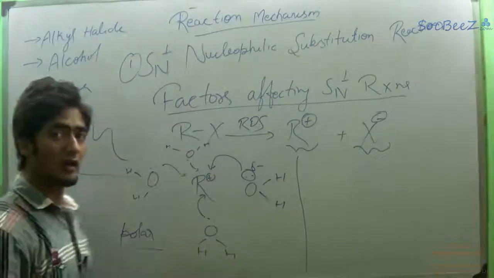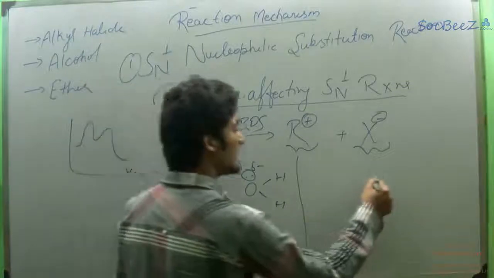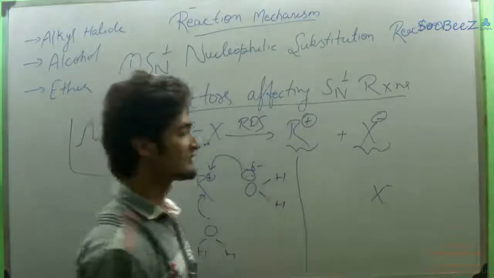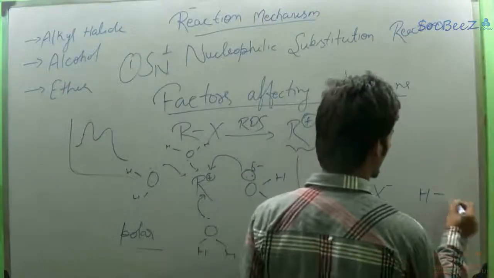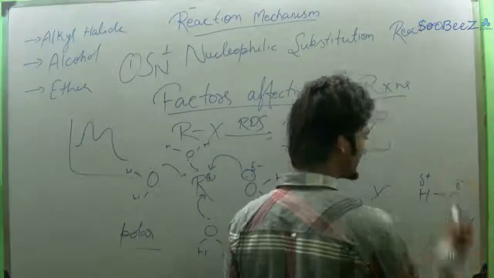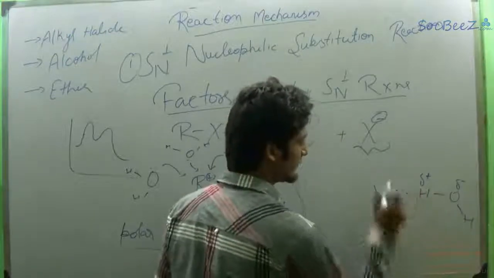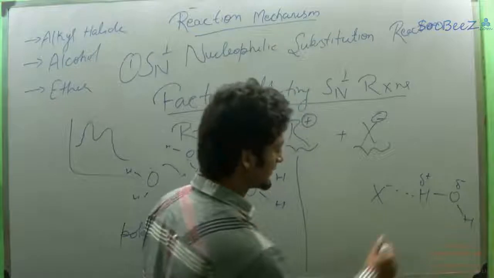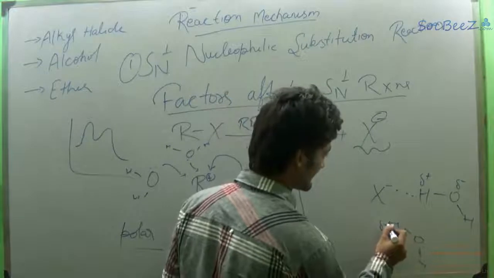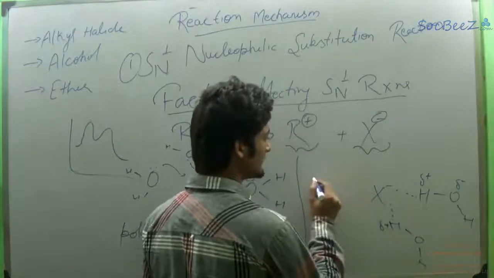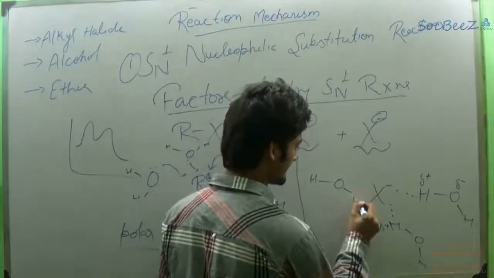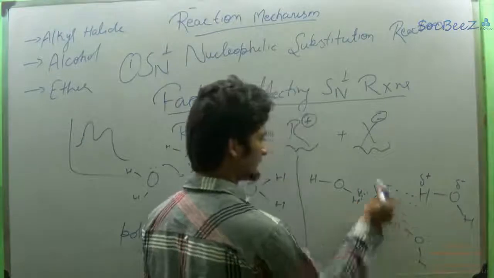Now let us see how this protic thing helps us. Let's say this is our negatively charged halide ion. This will be stabilized by the protic solvent. That is, it has delta plus and delta minus, and this negative charge will be stabilized by this delta plus. So, like this, it will form a shell in a similar manner.